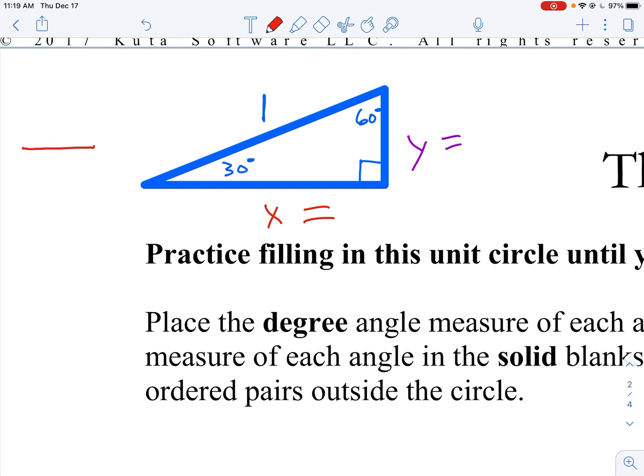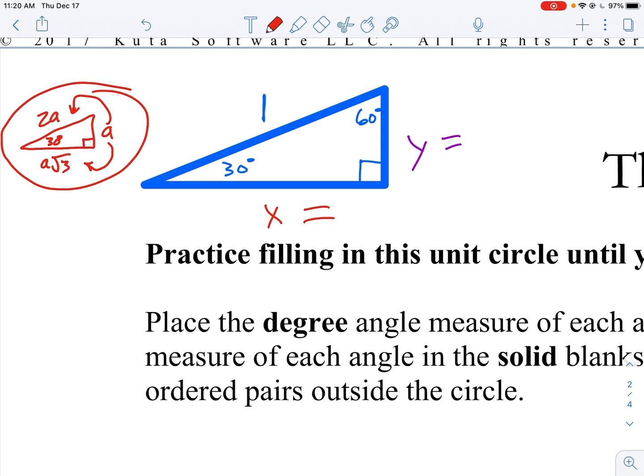If you remember when we were learning about them, in these, the smallest side is some sort of measurement, then the hypotenuse is double that measurement, and this side here is that measurement times root 3. Knowing that property, if I know the hypotenuse length, I can get this one using that knowledge about the special right triangle.